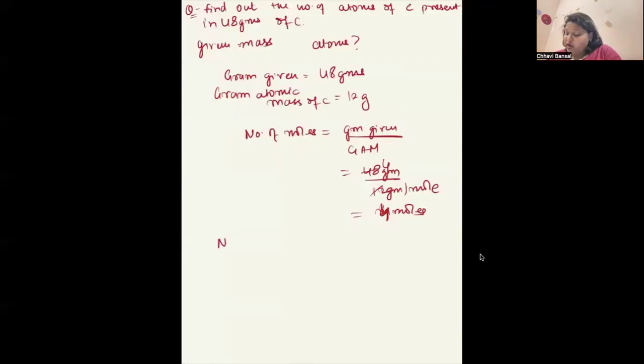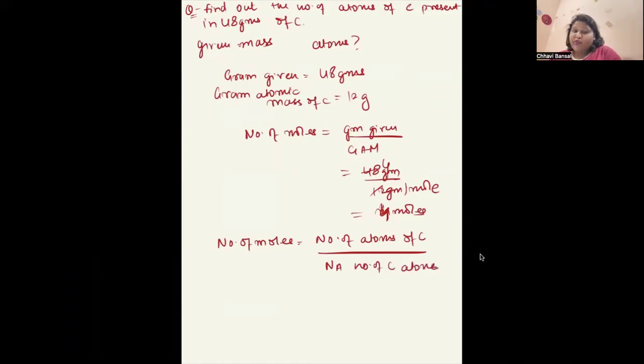So we know the number of moles is equal to number of atoms of carbon divided by Avogadro's number of carbon atoms. Okay. How many moles do we have? We have 4. Let's put this value equal to x.